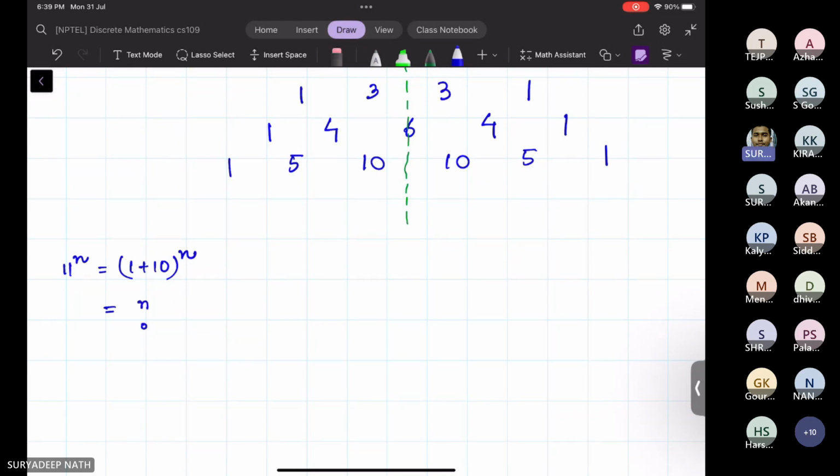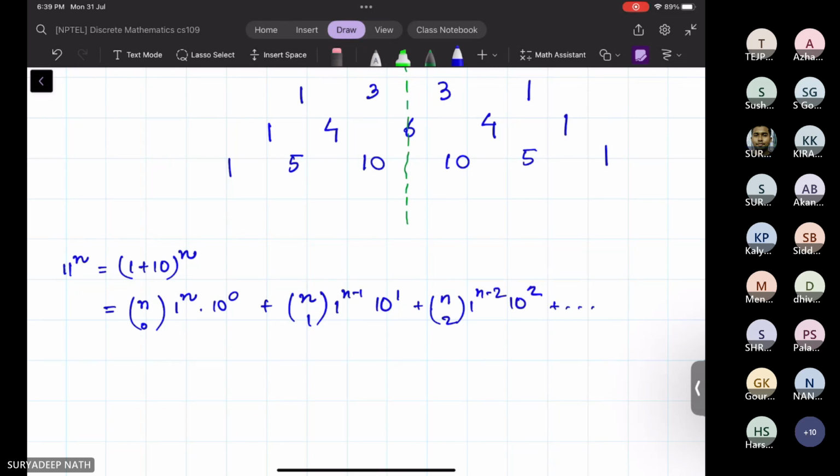nC0, 1 to the power n and 10 to the power 0, plus nC1, where 1 to the power n minus 1 and 10 to the power 1. And let's say we take nC2 and 1 to the power n minus 2 and 10 to the power 2.